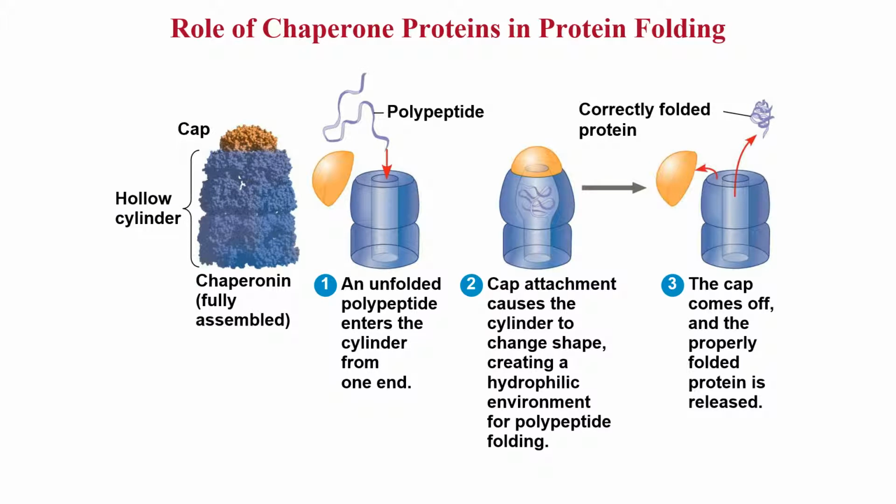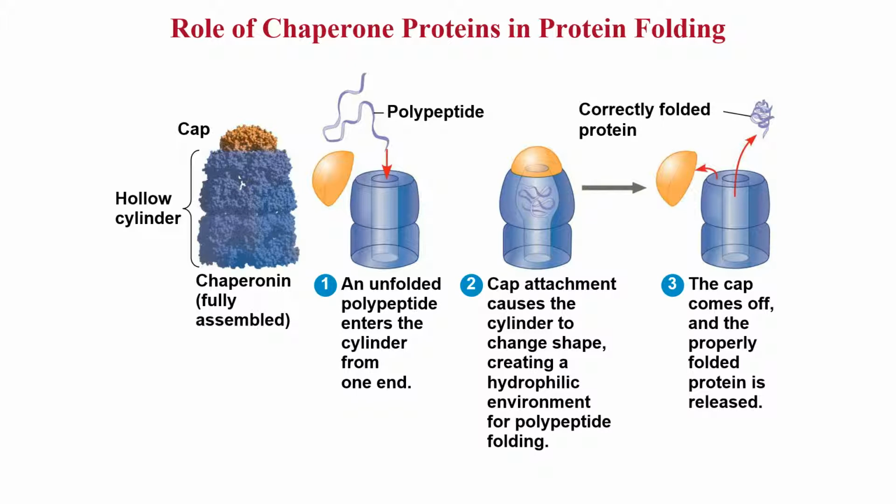So, your chaperone proteins. Here you have the chaperone protein with a protein cap and a hollow cylinder, basically a hollow tube running through it. A polypeptide that's recently been synthesized, or a protein that has been denatured, can enter the chaperone protein.